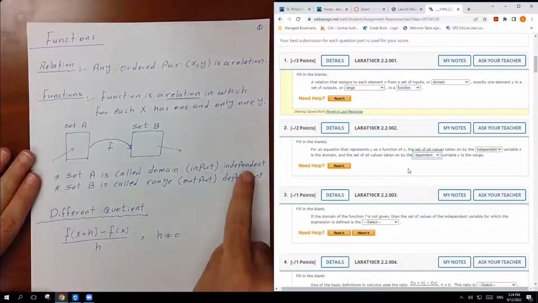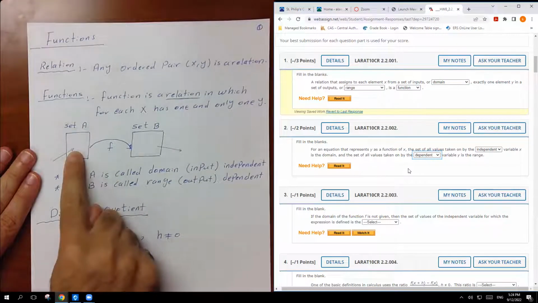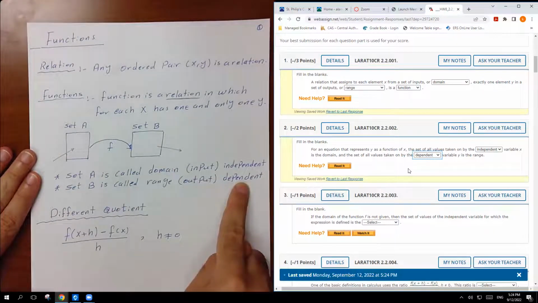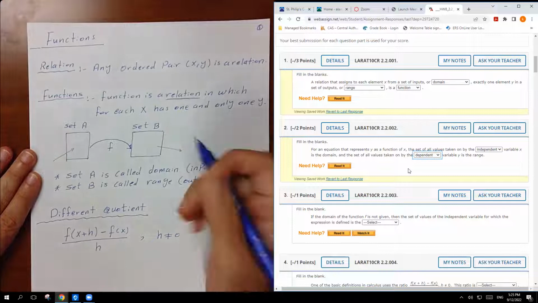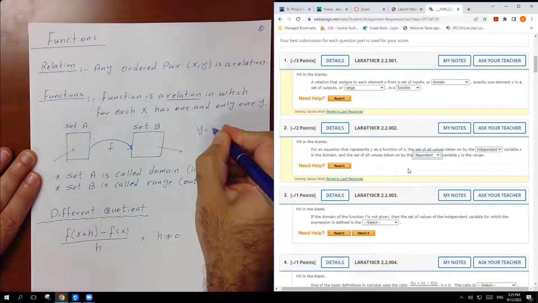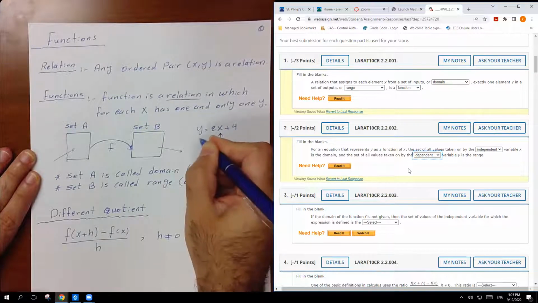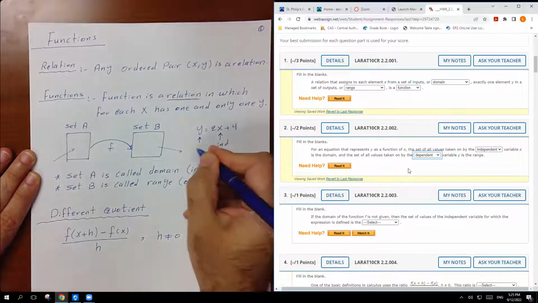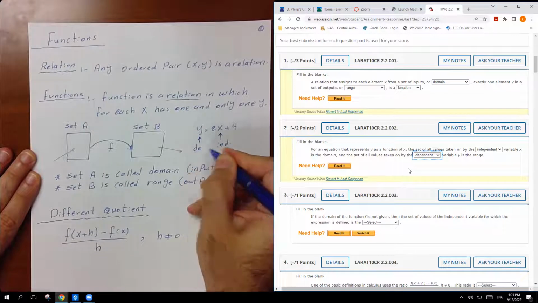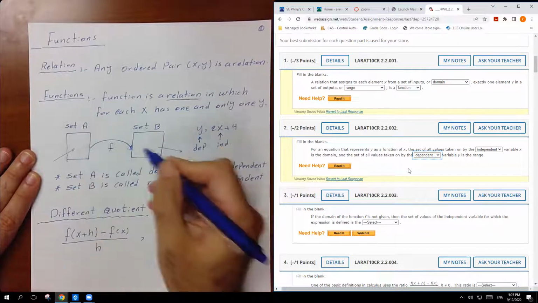You see, the independent variable, which is the input, is the x value here on the set A. The dependent variable is the y value on the set B, because y is always dependent on x. Like y equals 2x plus 4. This is the independent variable, which is the x. This is the dependent variable, which is the y. So that's the difference between x and y. This belongs to the domain, and this one belongs to the range.